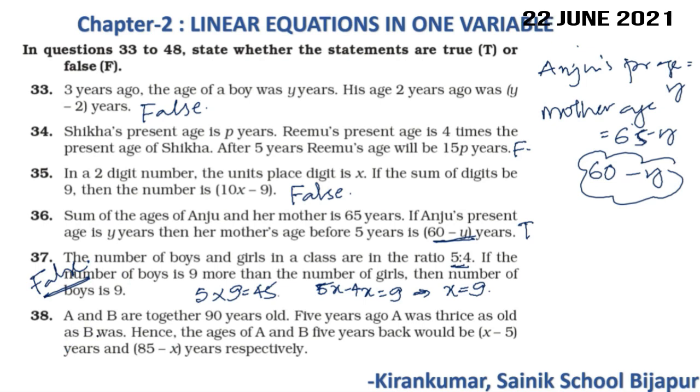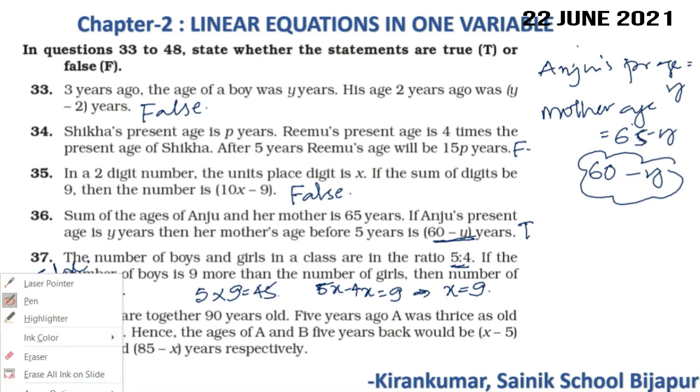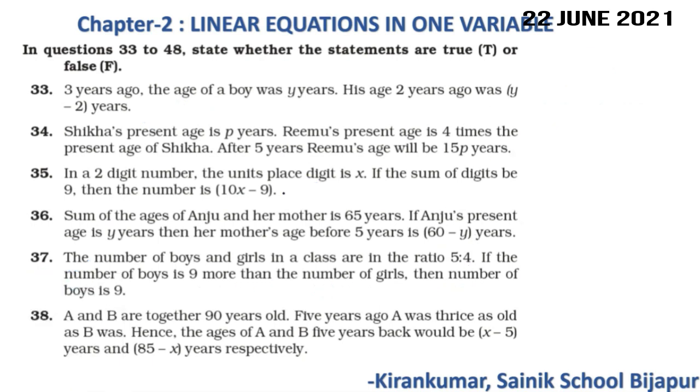Question 38. A and B are together 90 years old. 5 years ago, A was thrice as old as B was. Hence, the ages of A and B 5 years back would be x minus 5 years and 85 minus x years separately. To solve this, let me consider the age of A as x years.